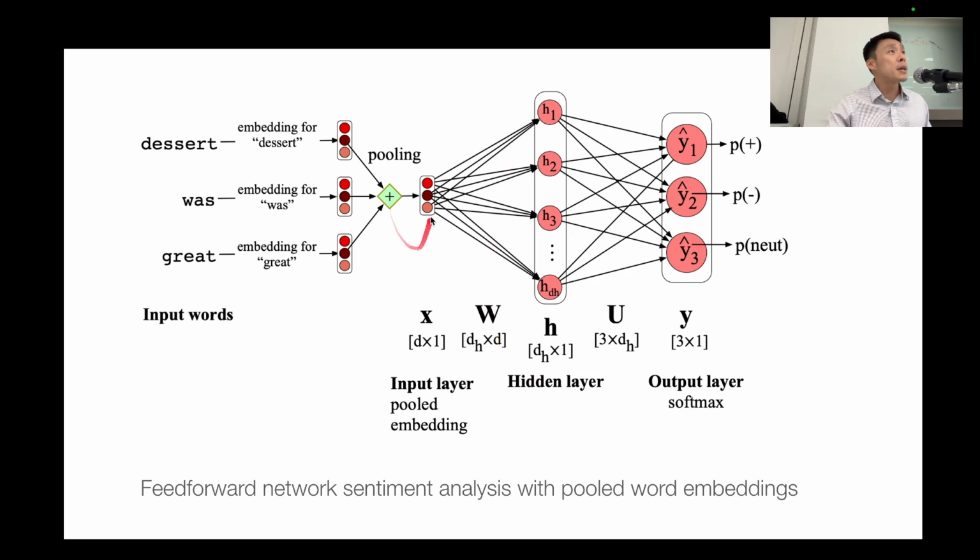So this might not be close to meaning because you just add up a bunch of embeddings, but the hidden layer will come to your rescue, will try to redo the embedding, usually try to compress it. Usually the hidden layer is smaller than the input layer, so that you force the model to compress the feature vector to be something smaller so that you only have the signals.